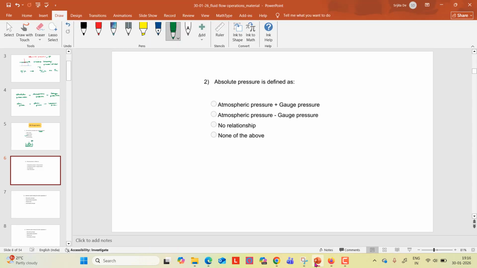So this is the option A, atmospheric pressure plus gauge pressure.